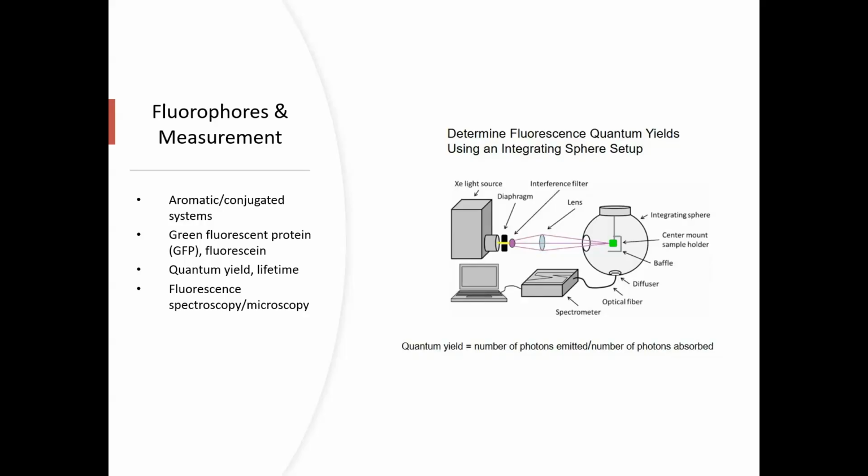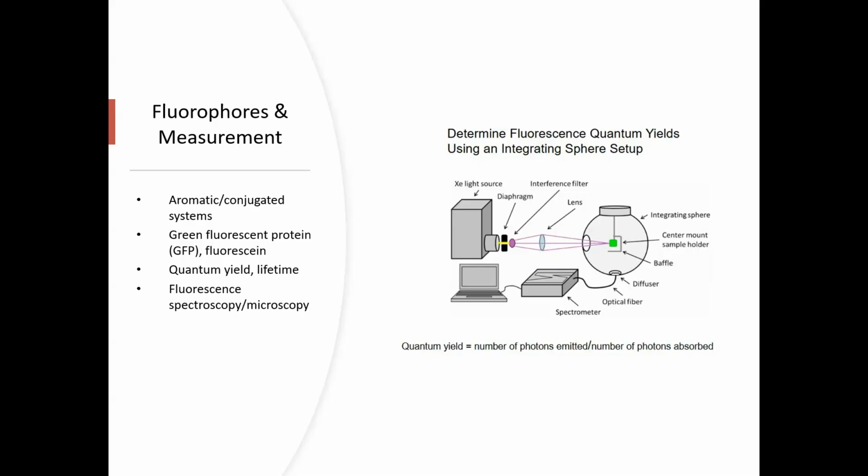Two important properties that we use to describe fluorescence are quantum yield and fluorescence lifetime. Quantum yield tells us how efficiently the molecule re-emits absorbed photons, and fluorescence lifetime tells us how long the molecule stays in the excited state before emitting light.